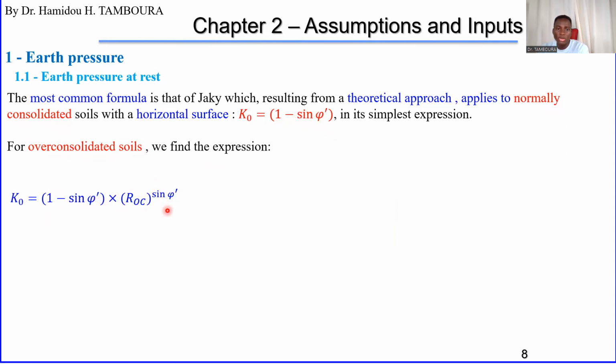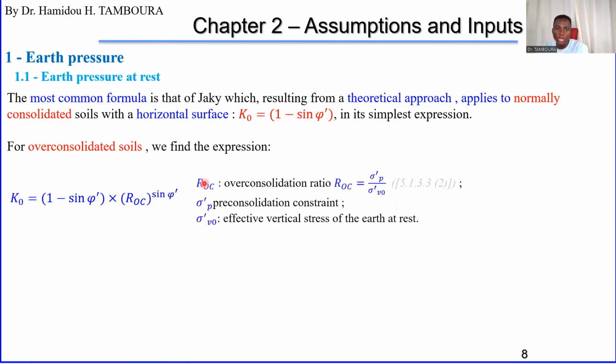But if the soil is over consolidated, then you have to use the over consolidation ratio, which I think you know: sigma prime P, the pre-consolidation pressure, divided by the effective vertical stress at rest.